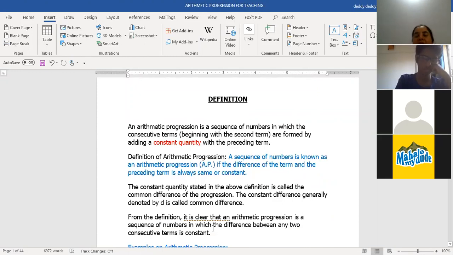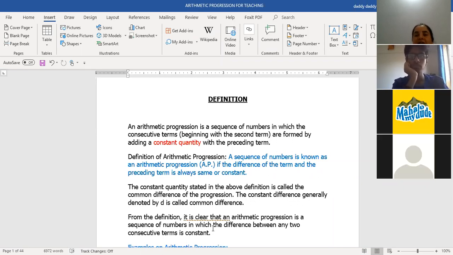It's basically a progression or sequence of numbers in which every succeeding term and the preceding term share the same kind of difference. That means if I subtract the preceding term from the succeeding term, I'll get some answer. If I select any other succeeding term and subtract the preceding term, I'll get the same answer.